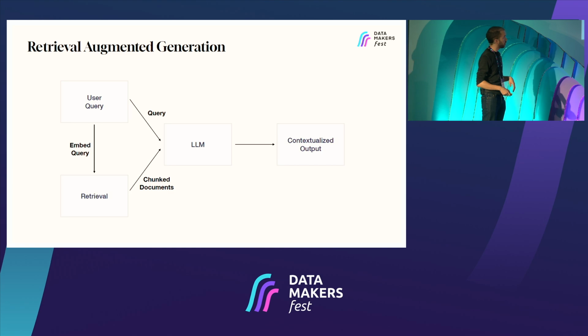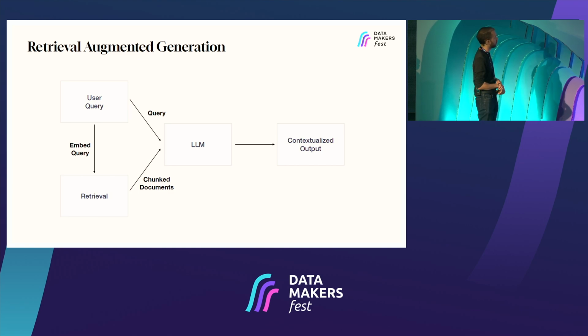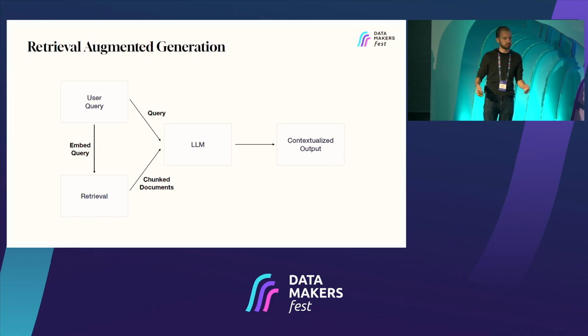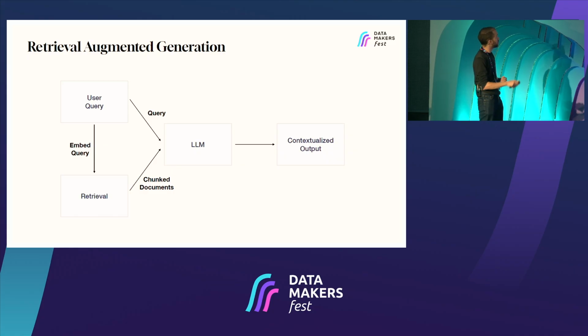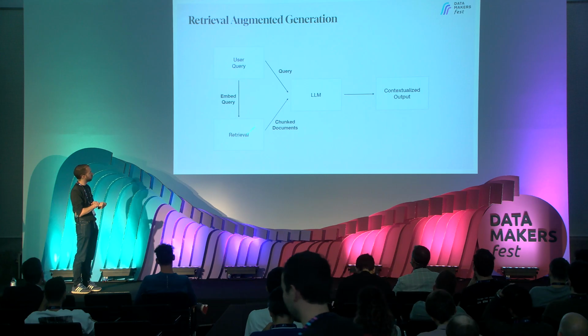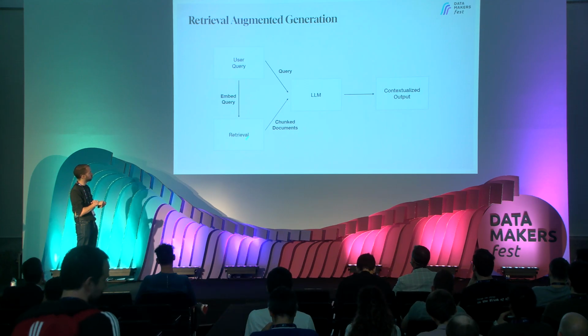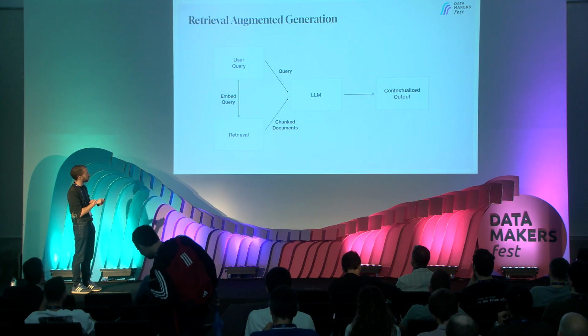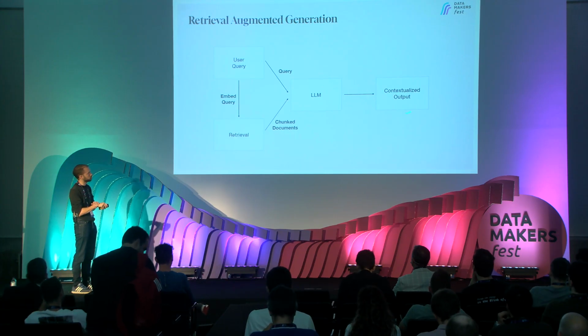This is a very simple RAG system. It's the basic example used throughout all the tutorials on the internet. We have a user query, which is usually embedded. We have an embedding and some retrieval, and then we use this retrieval to ground the generation of the LLM alongside the user's query in textual form to get a contextualized output.